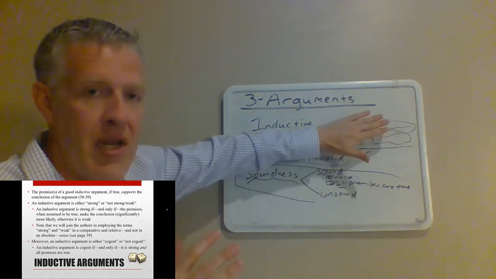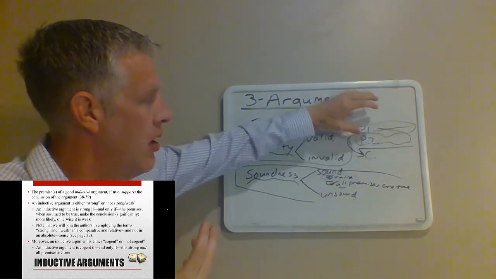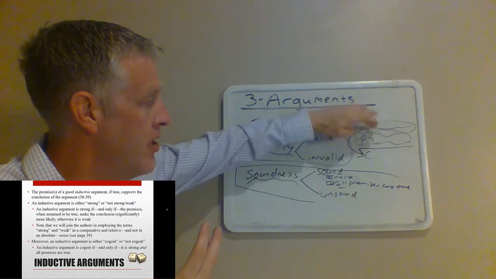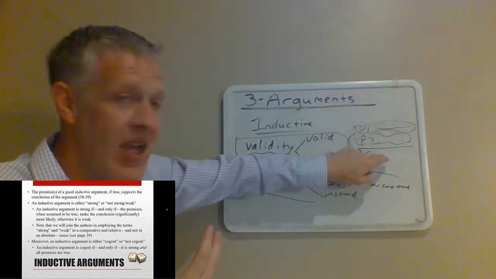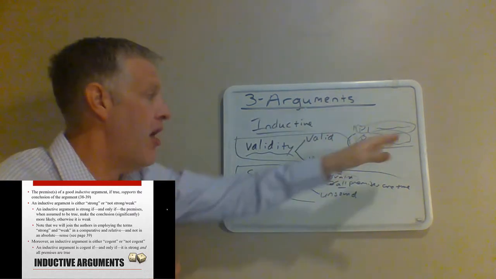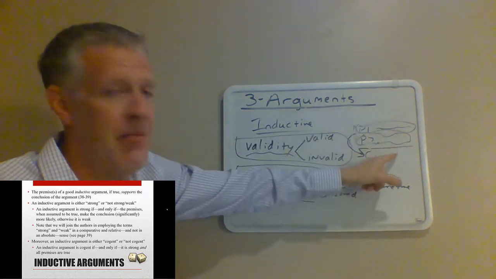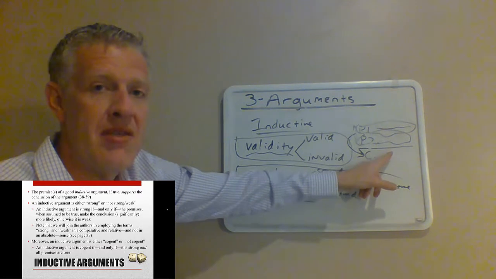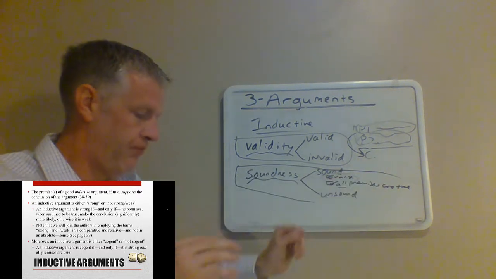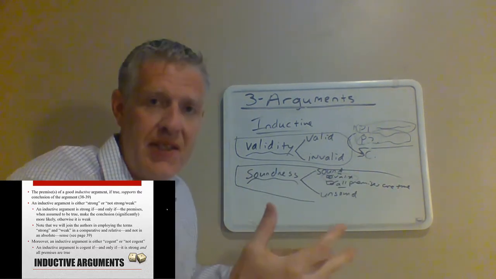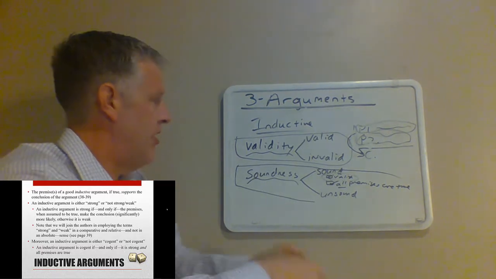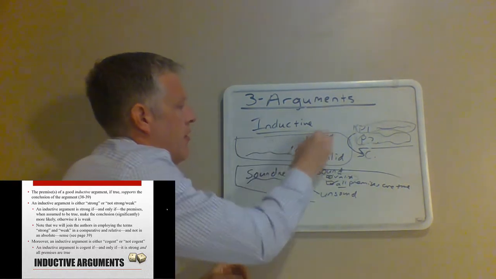The person offering the inductive argument is granting that although these make this much more likely, there's still that chance that it's not going to be the case. No matter how strong an inductive argument is, insofar as it's inductive, there's always that possibility that this isn't going to be the case, because that element of necessity is missing. So when it comes to inductive arguments, we want to erase this.